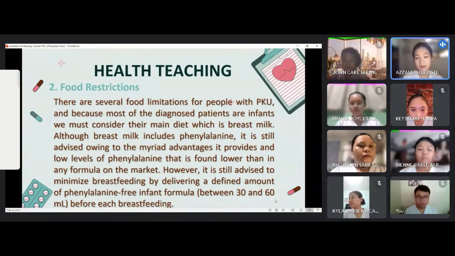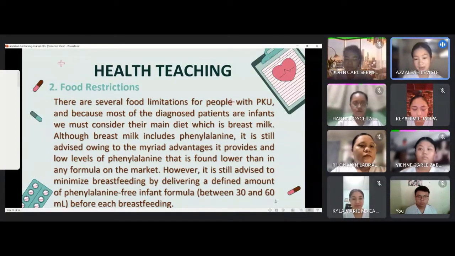It provides low levels of phenylalanine, lower than any formula on the market. However, it is still advised to minimize breastfeeding by delivering a defined amount of phenylalanine-free infant formula, between 30 and 60 ml, before each breastfeeding.